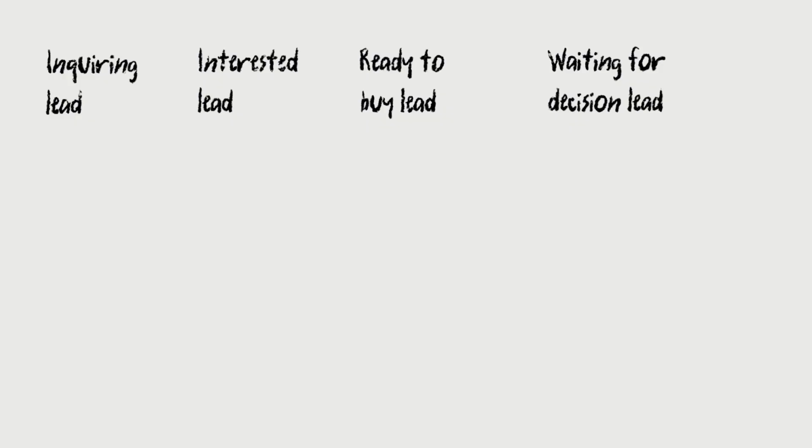So in the sales process, in the sales cycle, a lead would start out as an inquiring lead, and as you respond to this person, you reply to the email, you have calls, this lead would turn into an interested lead, and then this lead would turn into a ready to buy lead, and then once you have sent the proposal, this lead would become a waiting for a decision lead, and if this lead decided to hire you, then they would become a client.